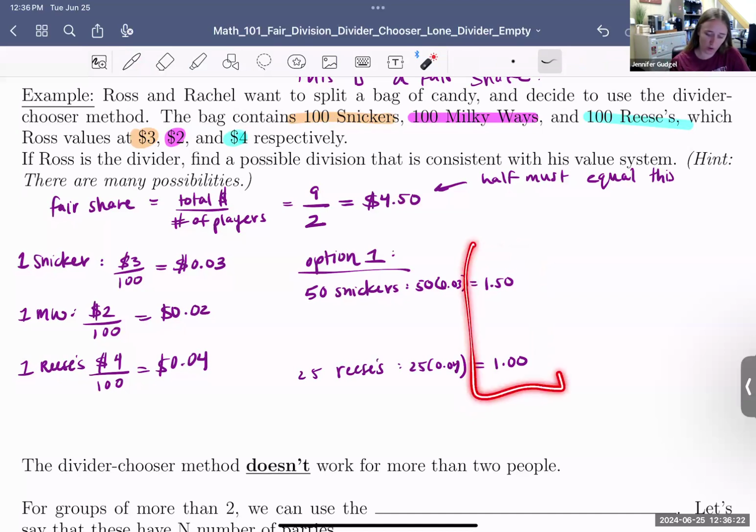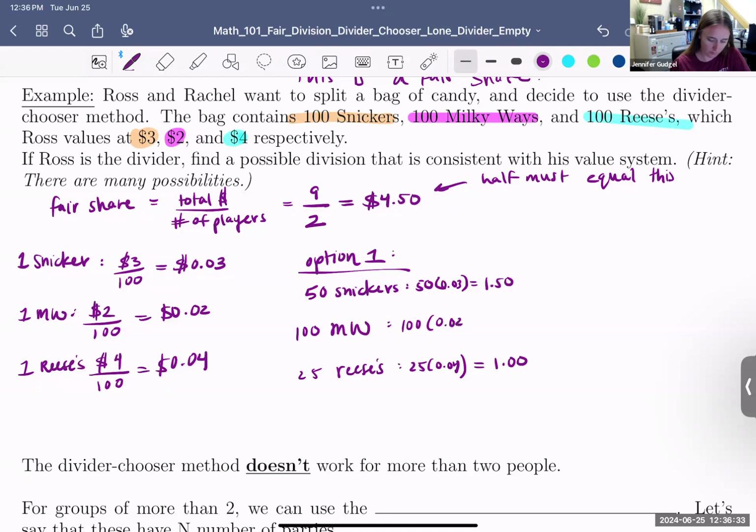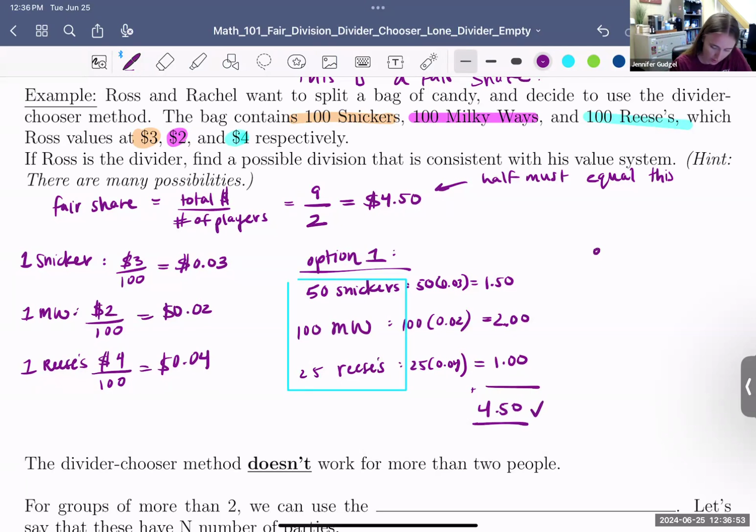So I need $2 more to get to my fair share. All right, so $2 more. Let's do all 100 of the Milky Ways. That gets me that $2 worth, which I now have $4.50 worth, which is a fair share. So this is one possibility. That's one option because altogether that value was worth $4.50. For Ross, that is one option for a fair share.